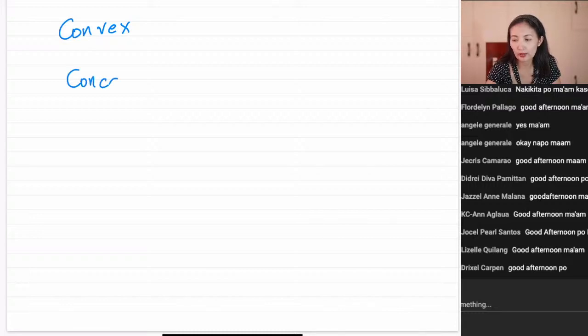Convex versus concave. What's the difference between the two? Now, let me draw two figures, and I'd like you to identify which figure shows a concave polygon and which a convex polygon.